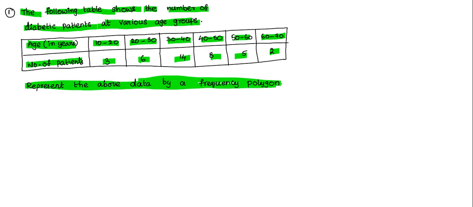To draw a frequency polygon, observe carefully here. We need to find class marks.